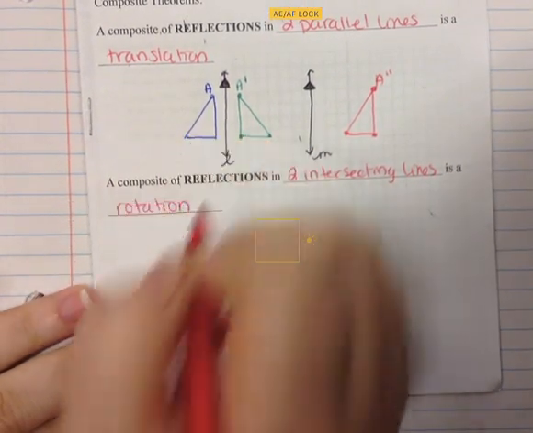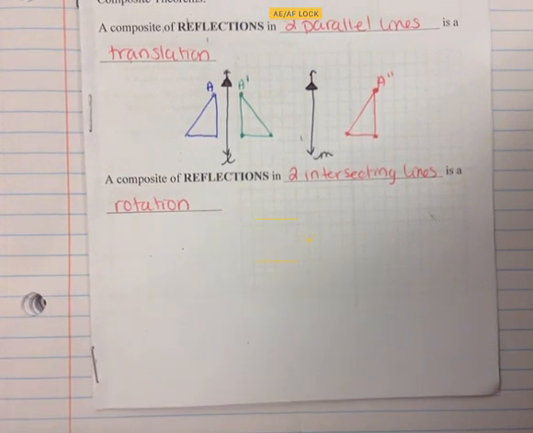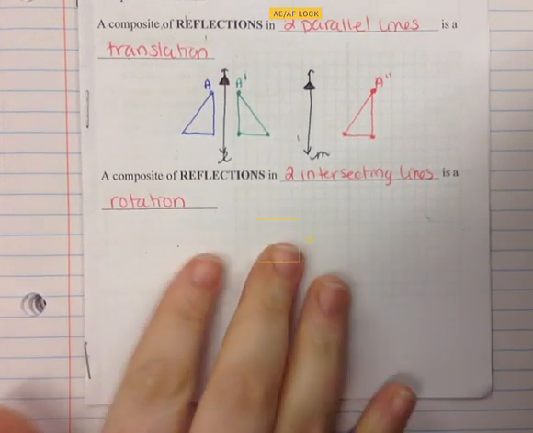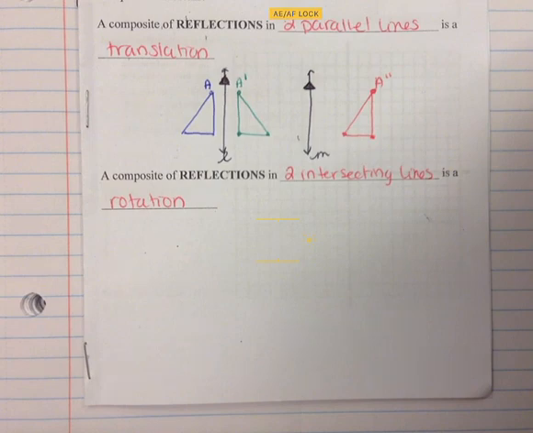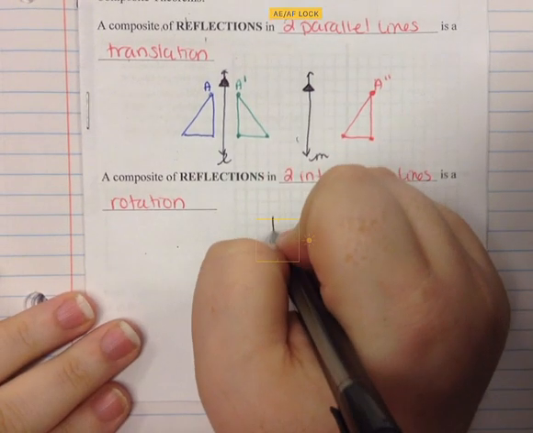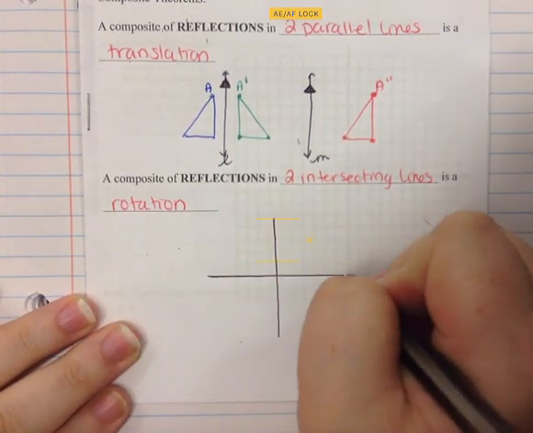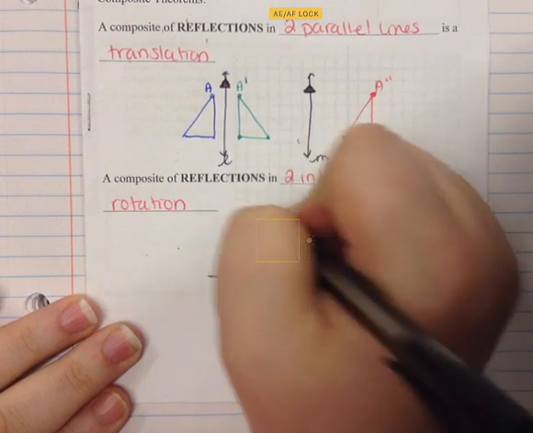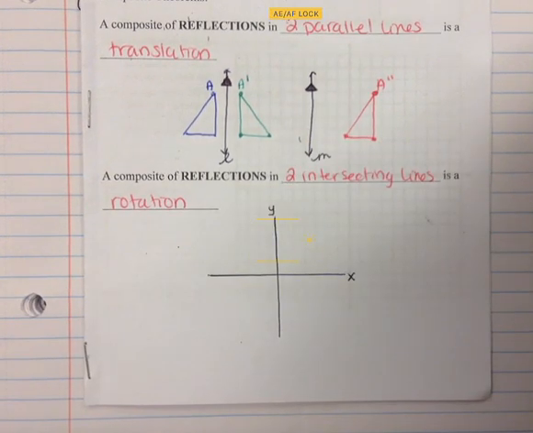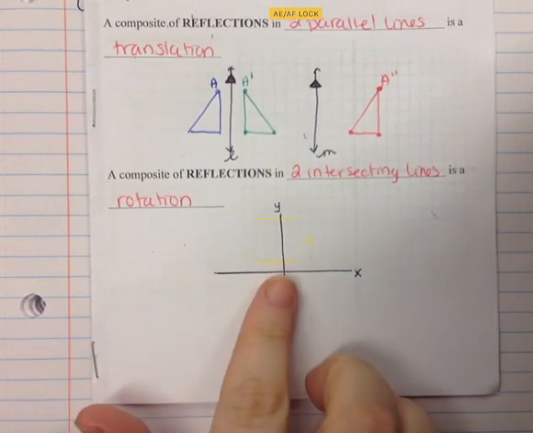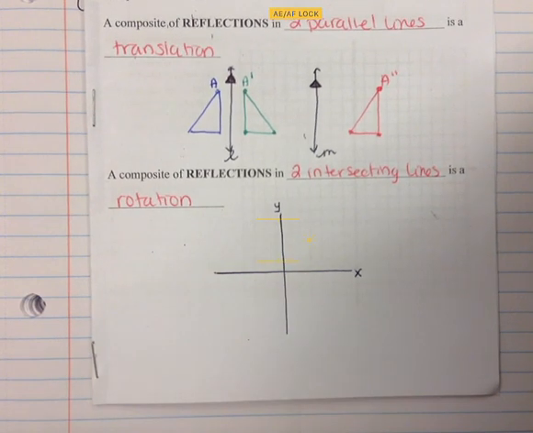Now this could be on any type of intersecting lines, but for my example, I'm going to do it over the x and y axis because those are going to be the perpendicular lines. So if I have my x and y axis, these are perpendicular lines, so they are intersecting.